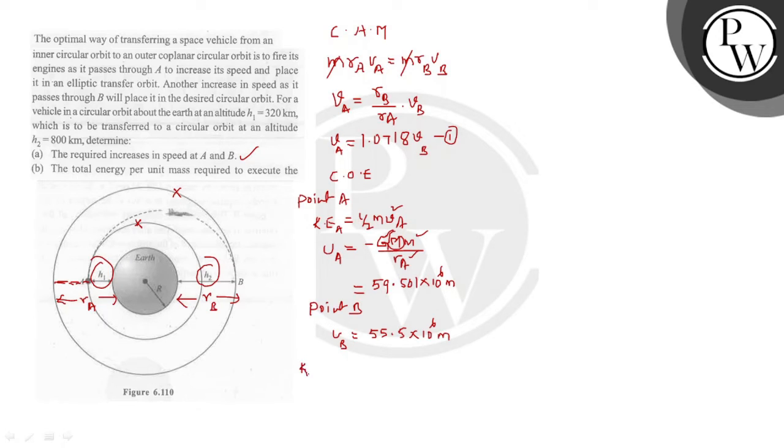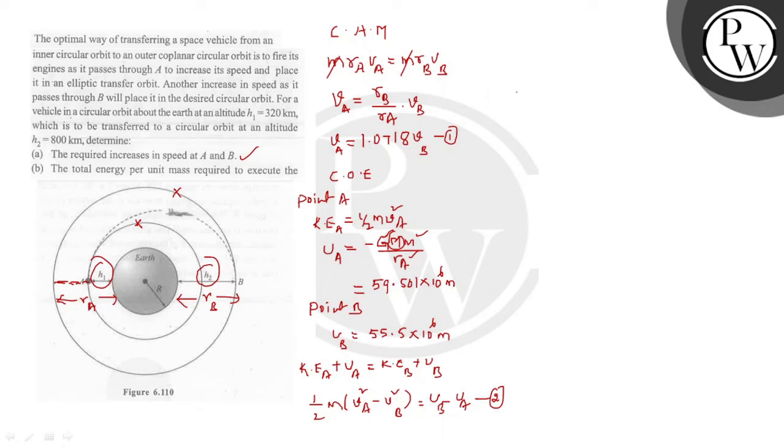So kinetic energy at A plus potential energy at A equals kinetic energy at B plus potential energy at B. Kinetic energy has half m; I am directly substituting, replacing and rearranging the terms. So minus half into m into (VA square minus VB square) must be equal to UB minus UA, the potential energies. Now this is the second relation, and already this is the first relation.